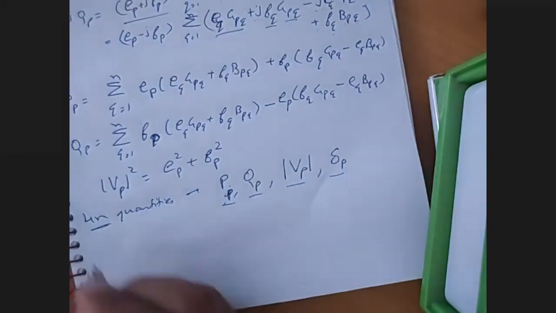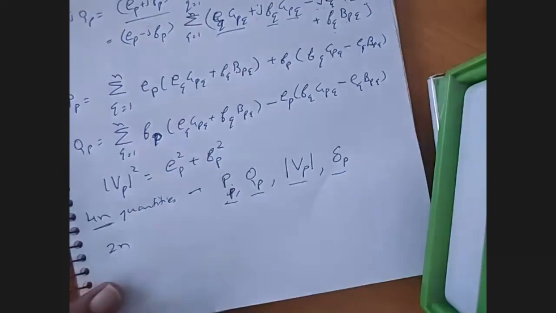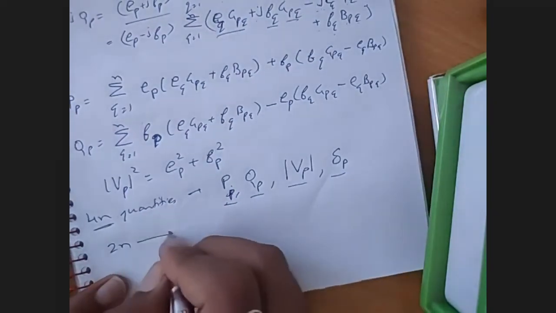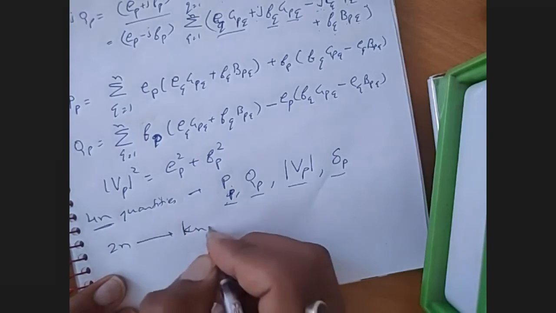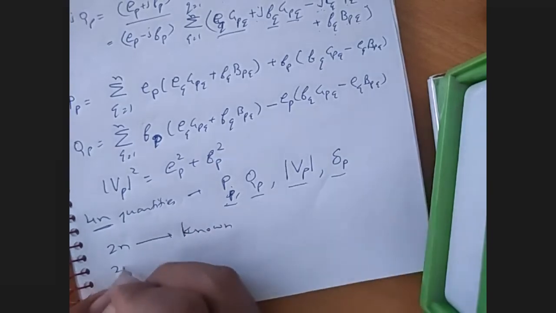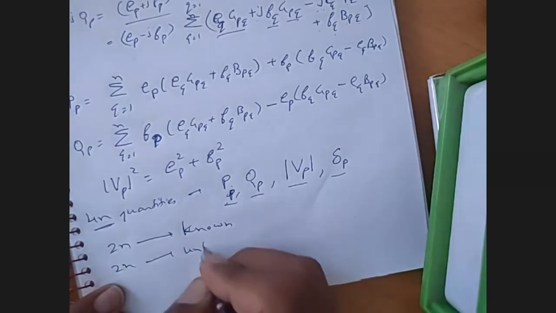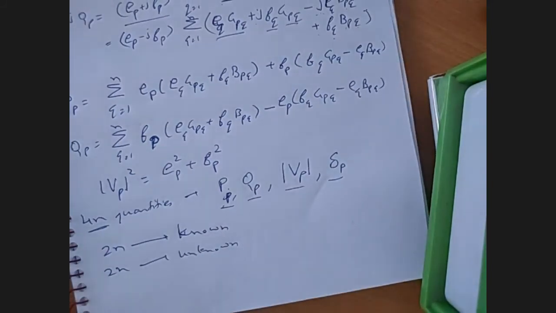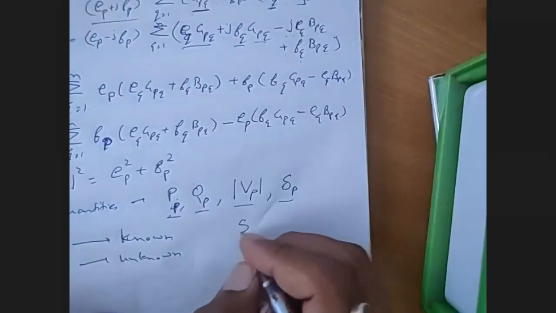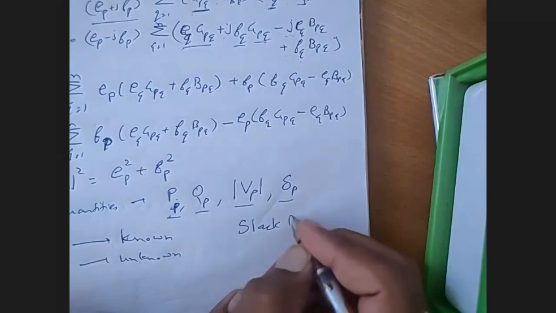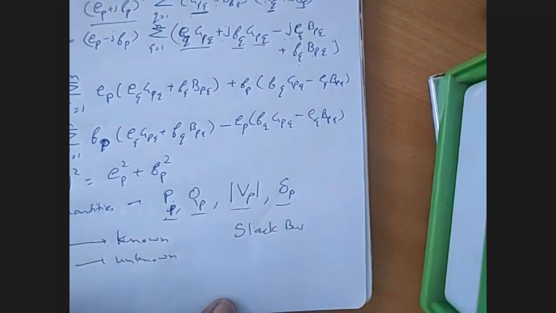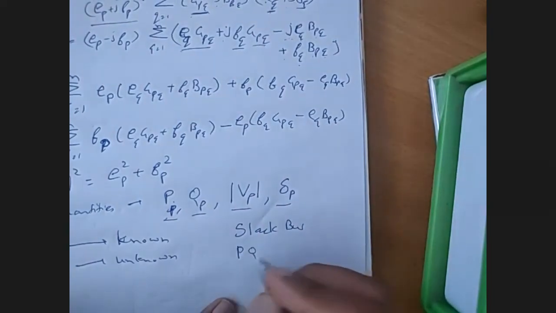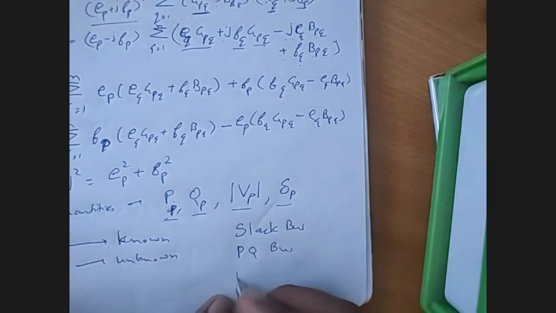And if you remember, we have studied that 2n quantities are known and 2n quantities are unknown. And we have already studied that we have a slack bus, we have PQ bus, and we have PV bus.